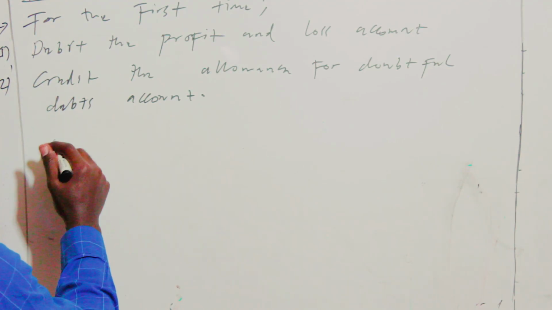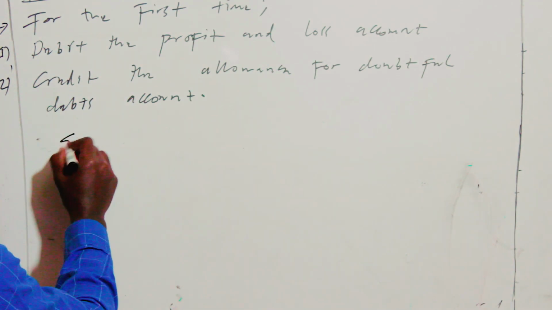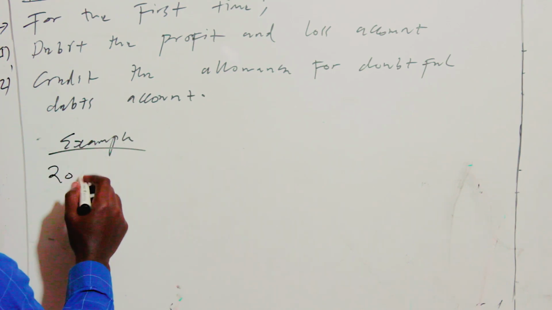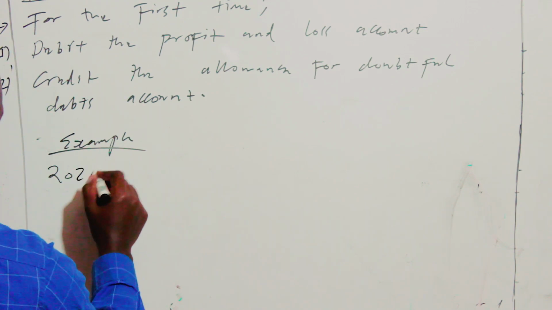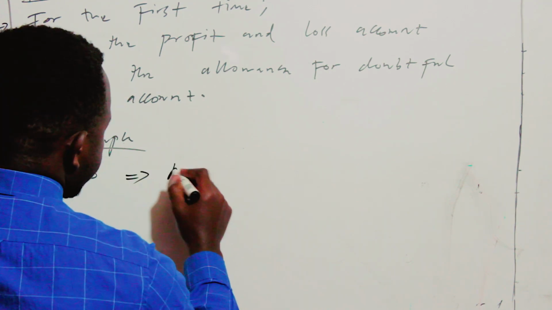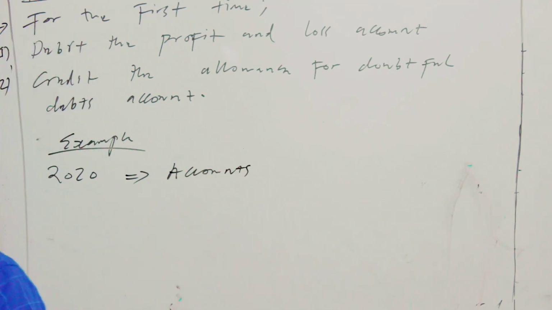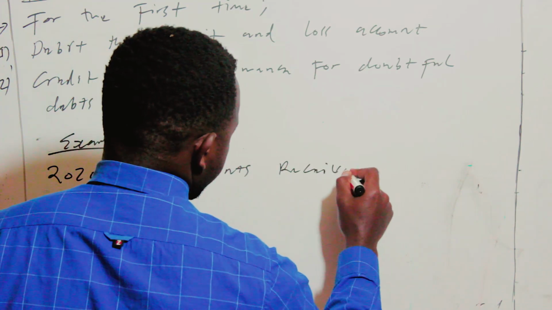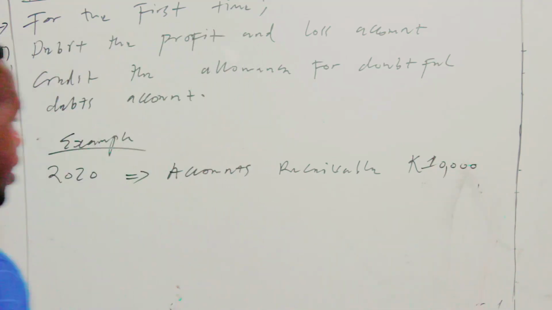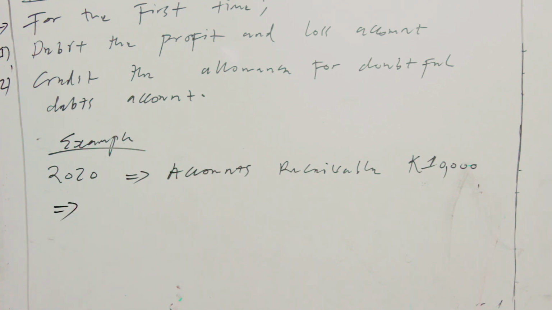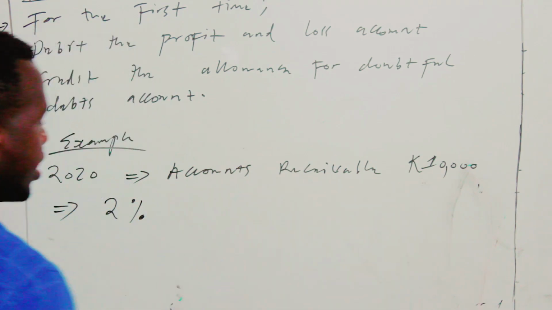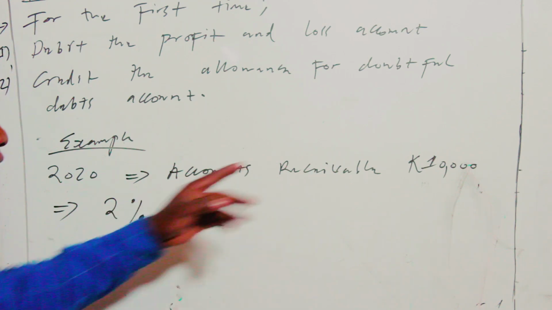So for example, in the year 2020, we expected that the accounts receivable at the end of the accounting period will be 10,000 kwacha, and we expected to make an allowance for doubtful debts of 2% from this figure of 10,000 kwacha from accounts receivable after deducting the bad debts.